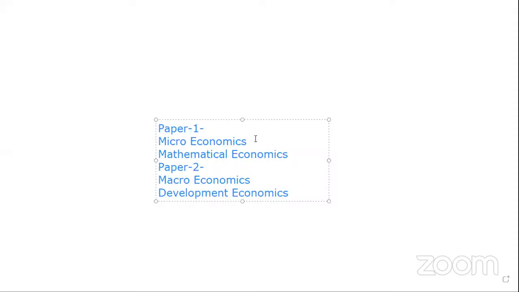In CSS paper one, we have microeconomics, macroeconomics, development economics, measurement of development economics, international economics, money and banking, and public finance. Whereas in PMS, we have two portions, microeconomics and mathematical economics.